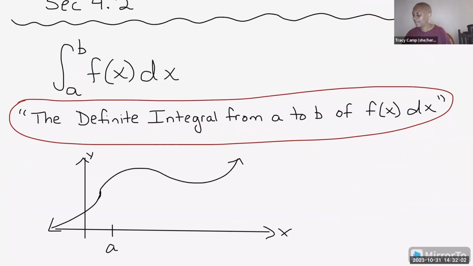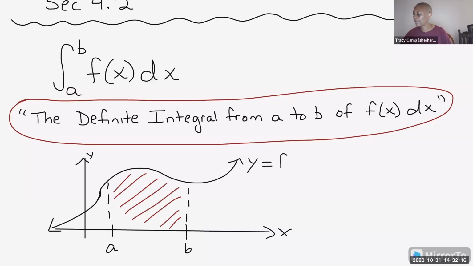And let's say that this is a and here we have b. By the way, this curve is y equals f of x. In general, what that definite integral represents is the area under this curve here.